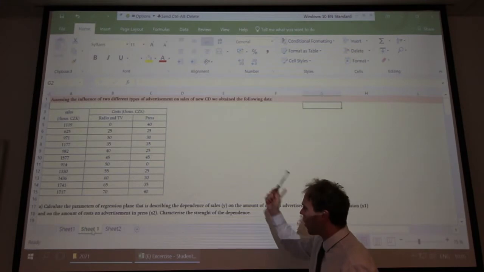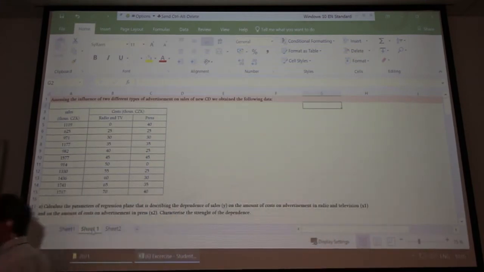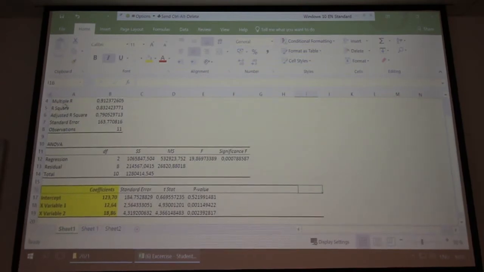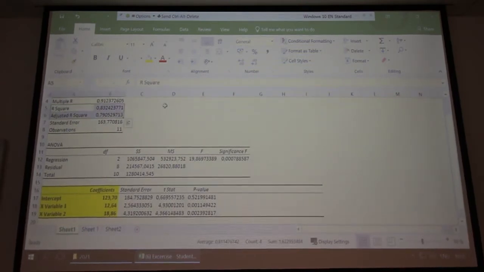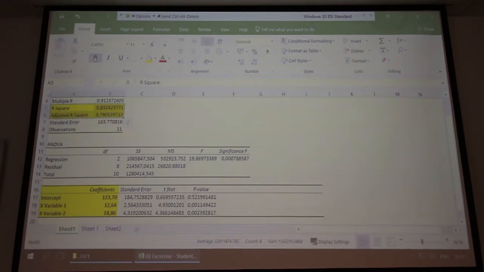So one more thing I will find here in this output. It will be good, for example, to find here R square and adjusted value of R square.